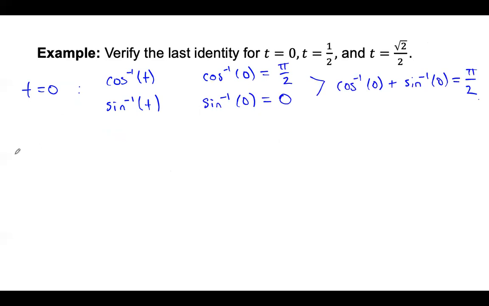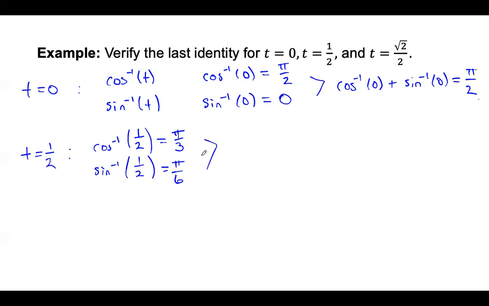What about when t is equal to 1/2? We're just going to do the same logic. So cos inverse of 1/2, we can calculate this. This would be pi divided by 3. This one's going to be pi divided by 6.